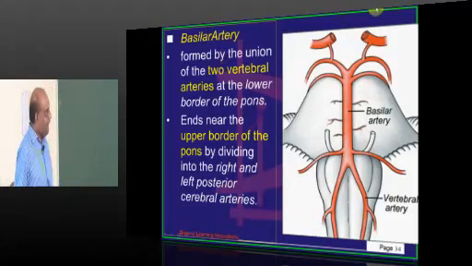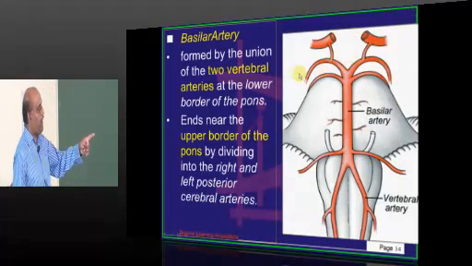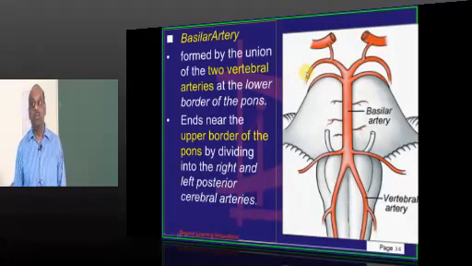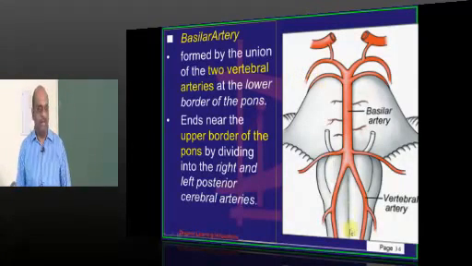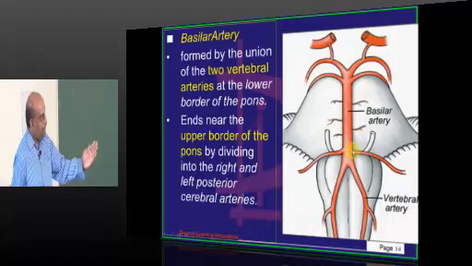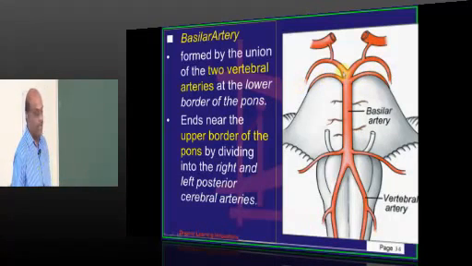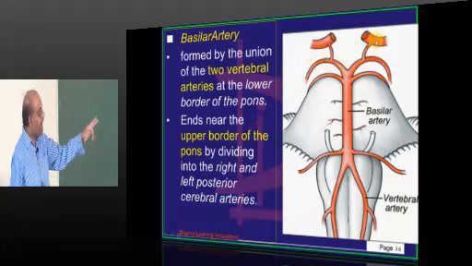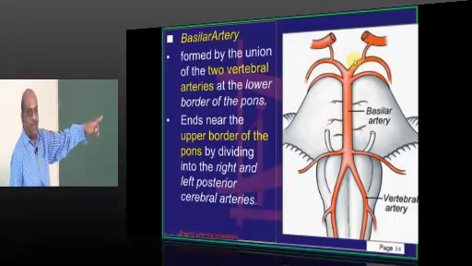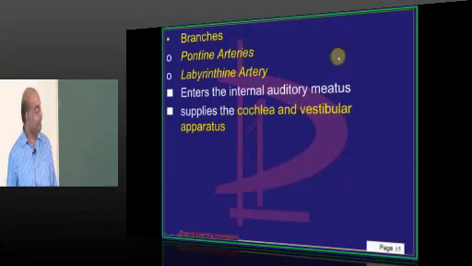It typically ends near the upper border of the pons. After the 2 vertebrals combine, that forms the basilar. By the time it reaches the upper part of the pons, it divides into right and left posterior cerebral arteries.